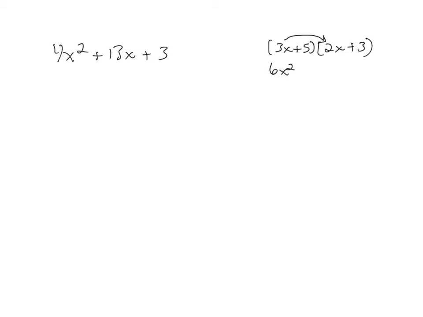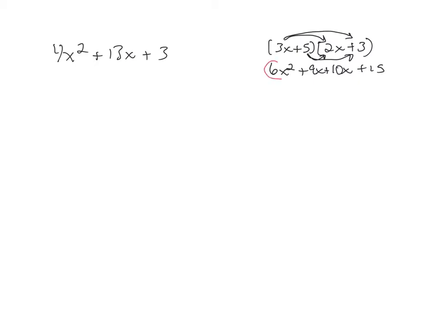I get 6x squared there, and I get 9x there, and I get 10x there, and I get 15 there. There's 4 things here, but remember, we're going to combine the 9 and 10 in the middle. What I wanted to illustrate is this.